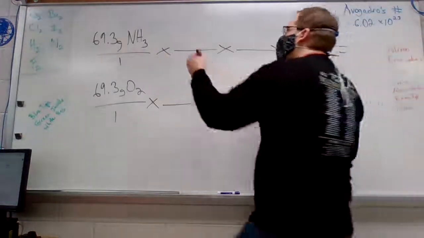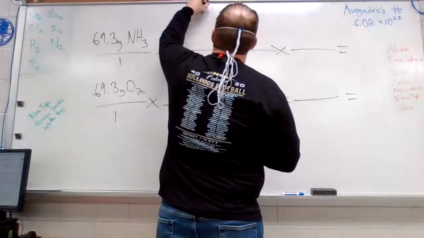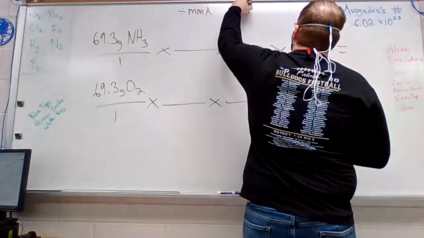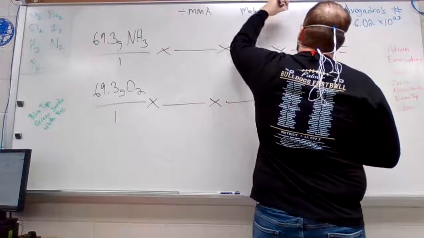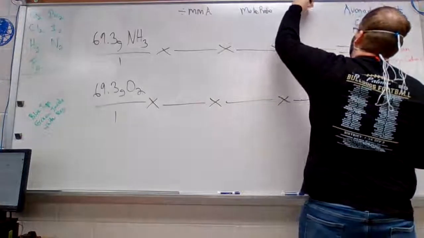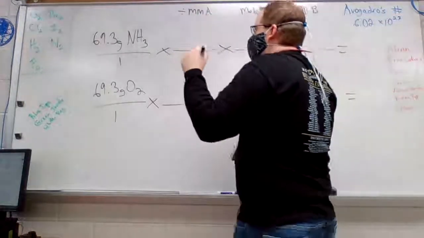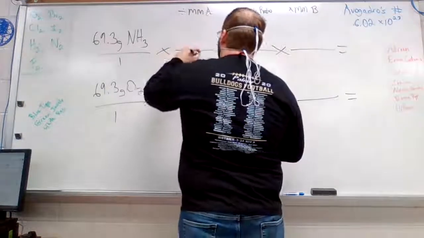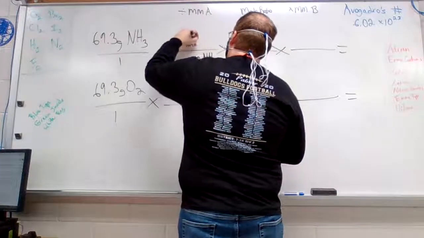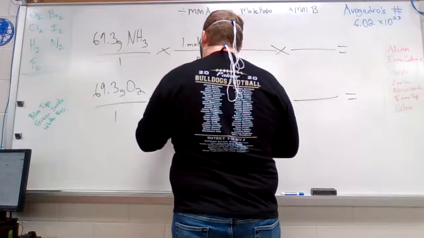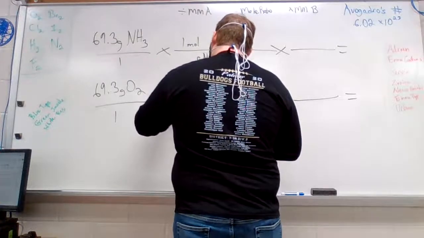And so the first thing has to be dividing by the molar mass of chemical A. Then you got to use your mole ratio. And then you have to multiply by your molar mass of chemical B. So this one should be grams of NH3 over 1 mole because I'm dividing by the molar mass, grams of O2 under 1 mole.